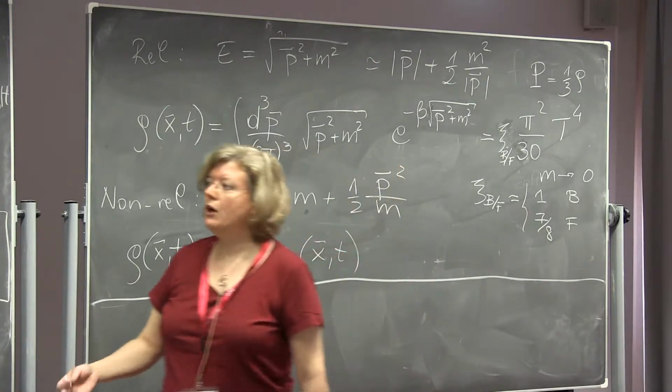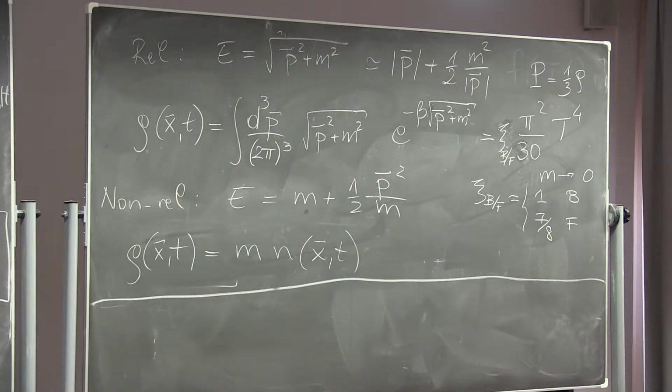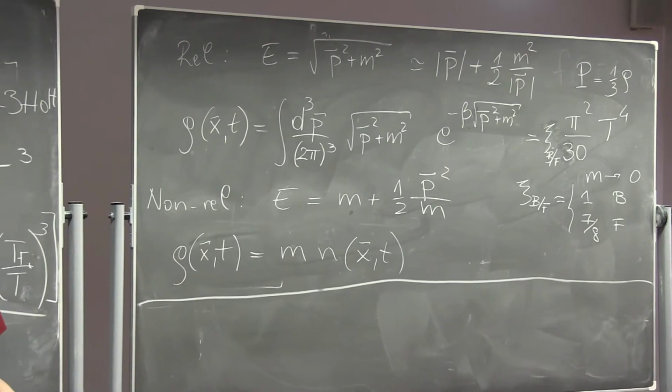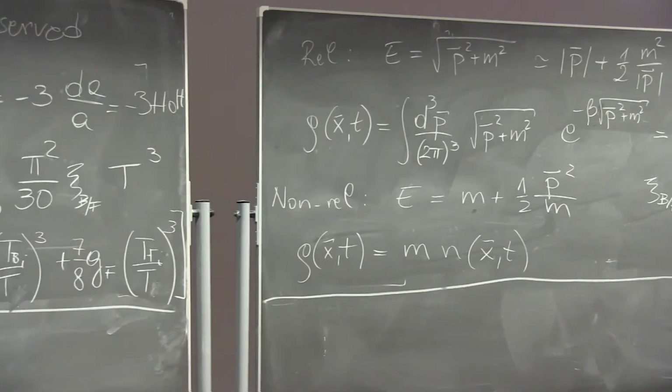Of course, if you want, you can compute it. So p squared over the mass will be non-zero. If you compute the integral, it will give you something of the order of the temperature. So you would have a pressure of the order of the temperature, and if the temperature is much smaller than the mass of the particle, this is of course suppressed again.